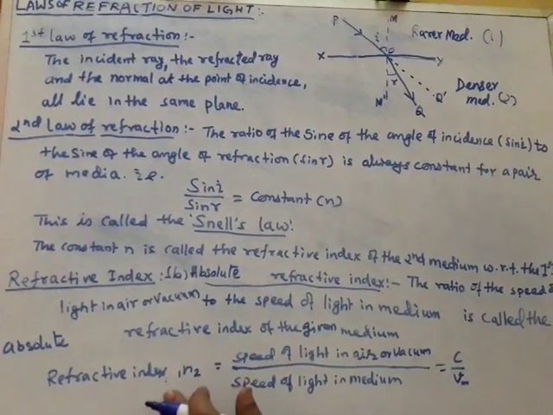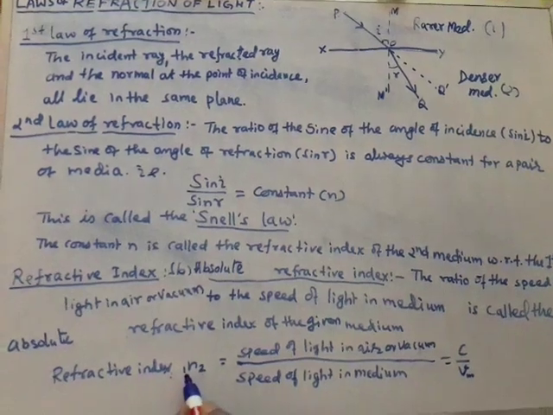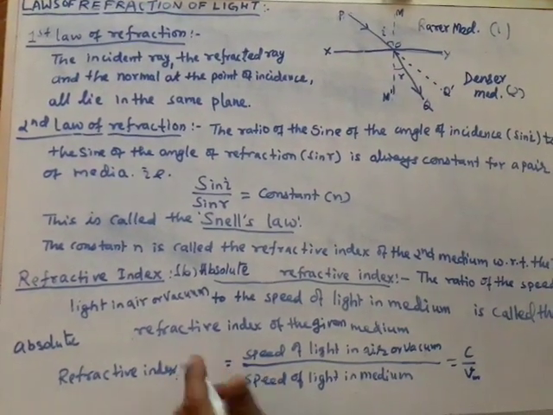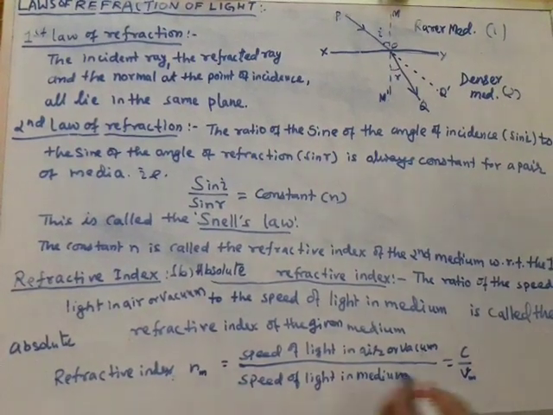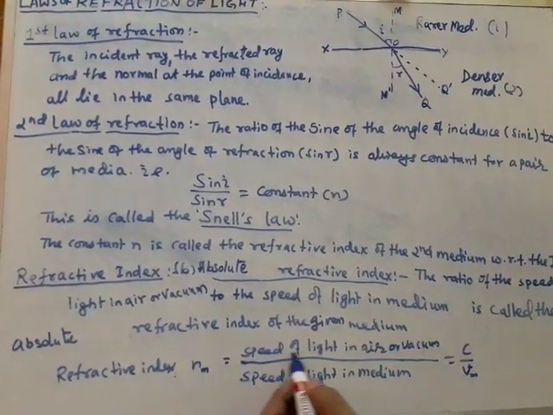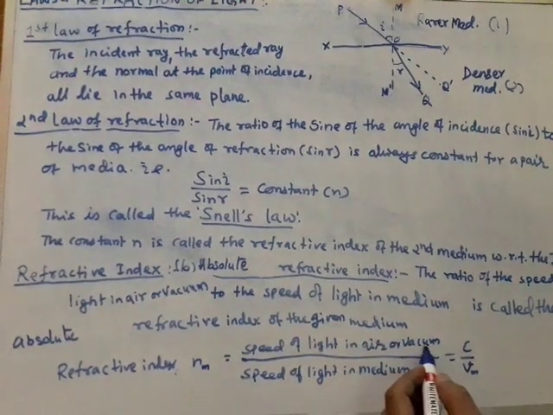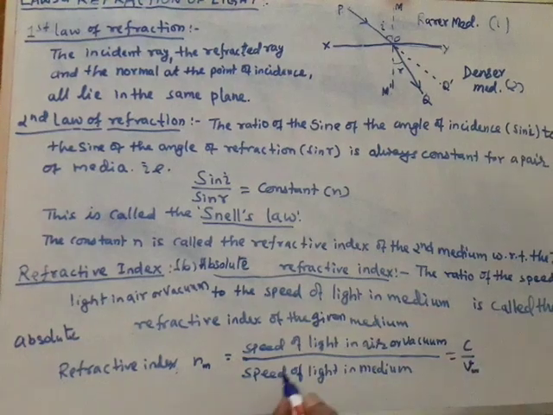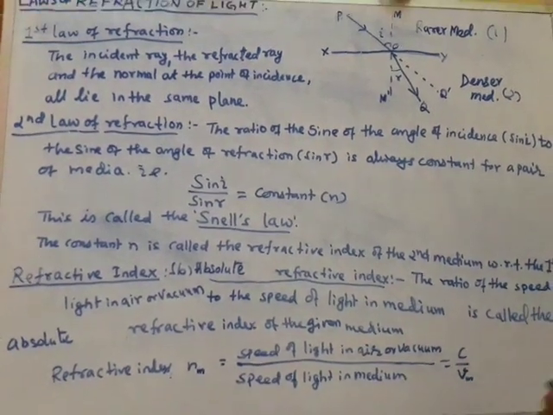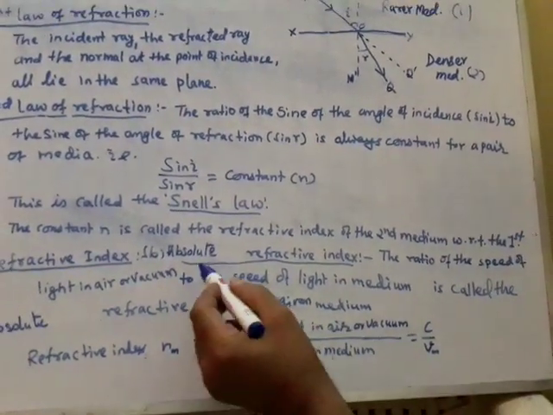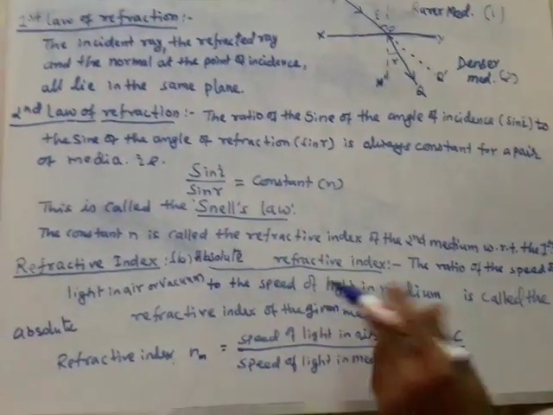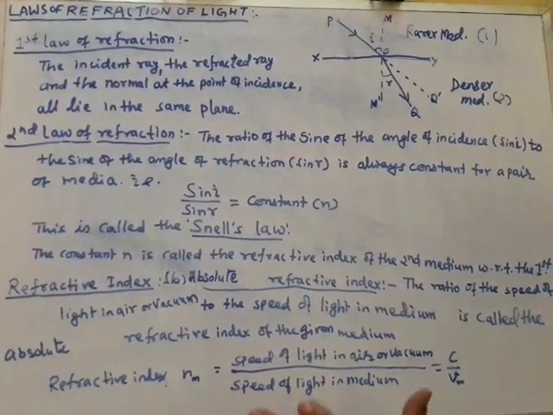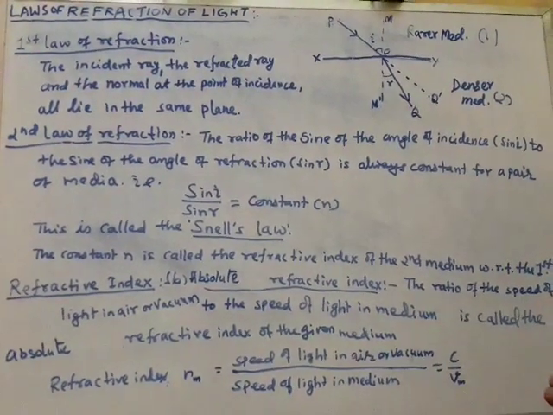Therefore, we can write the absolute refractive index of the second medium as Nm equals c by v, that is, the speed of light in air or vacuum divided by the speed of light in the medium. Okay, so this absolute refractive index gives a specific value of the refractive index of the given medium. Okay, thank you.